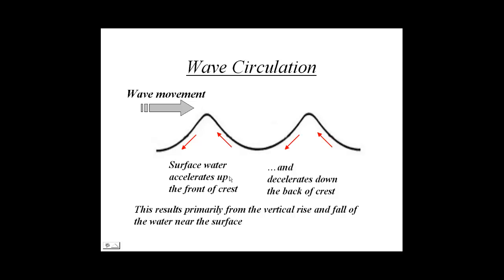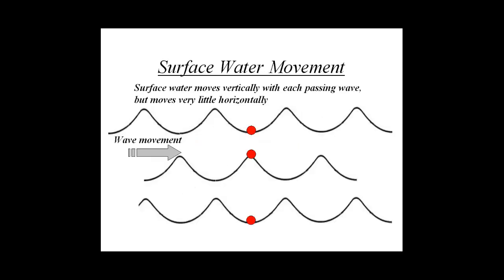Wave circulation: the thing you have to keep in mind is that the water does not flow horizontally with the wave. The wave is actually a pile of energy that's traveling across the surface of the water. Let's look at this diagram for a minute. Here are waves traveling from left to right, and here's a ball floating in the water. Now, here's a wave crest to the left of the ball.